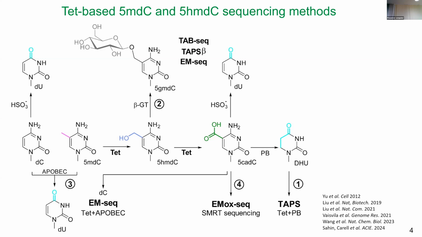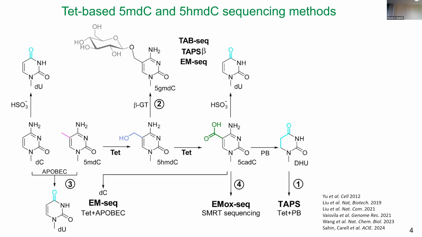This is less harsh than treating your material with bisulfite alone. You can also still treat your material with bisulfite after the oxidation. This is the so-called TAPS. That is the borane sequencing, and here you convert the carboxycytidine to uracil again.